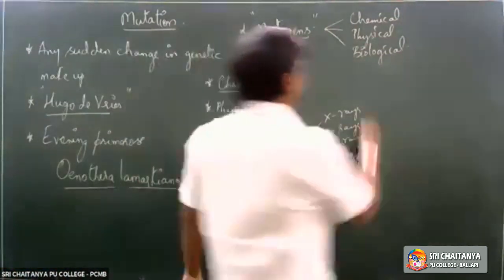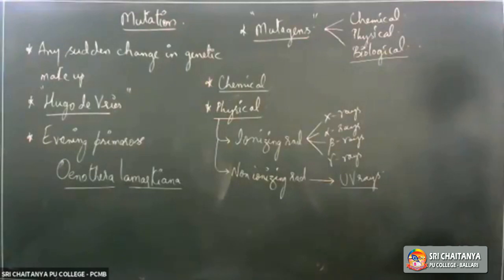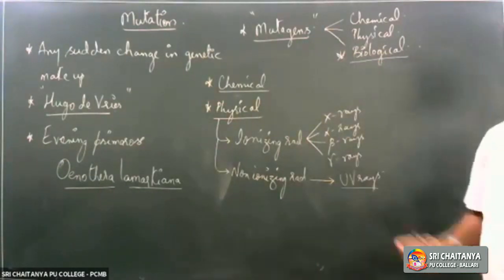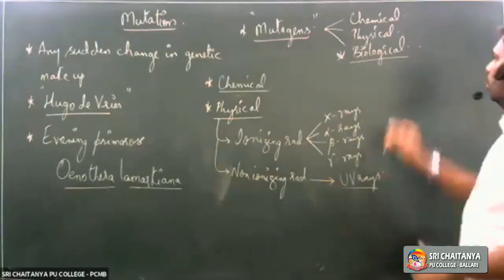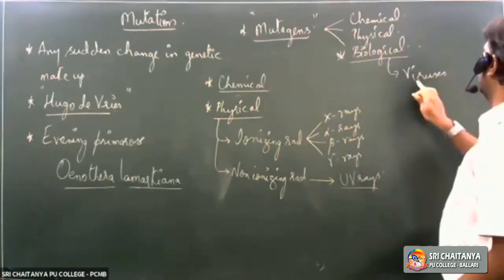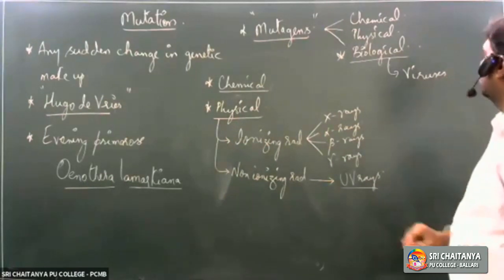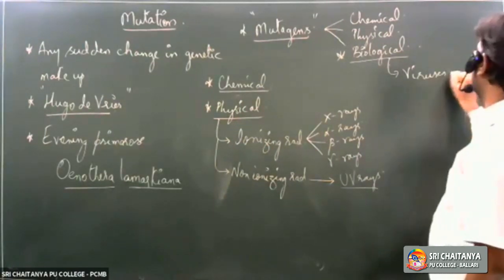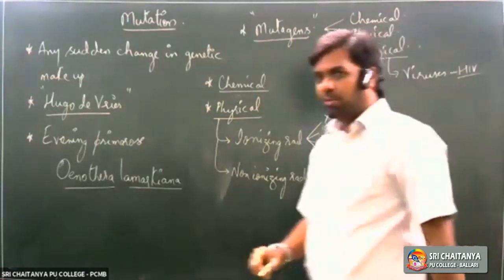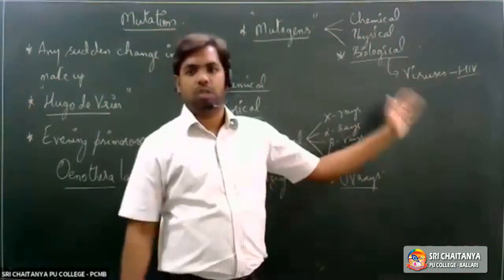So the third category what we have here is called biological mutagens, right? Under biological mutagens, we have certain viruses which act as biological mutagens. So viruses such as HIV, right? I hope all are familiar with HIV, the human immunodeficiency virus, the AIDS causing virus.